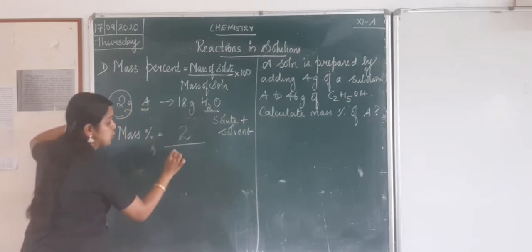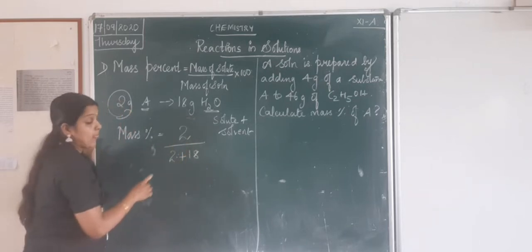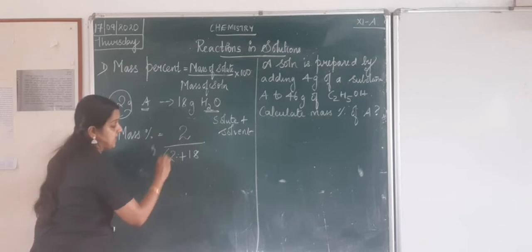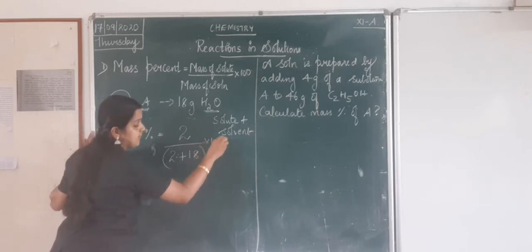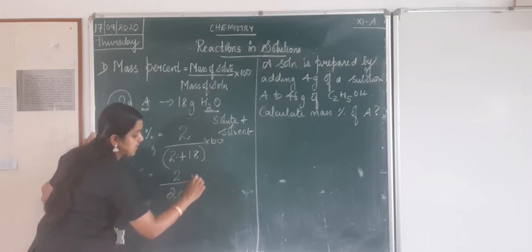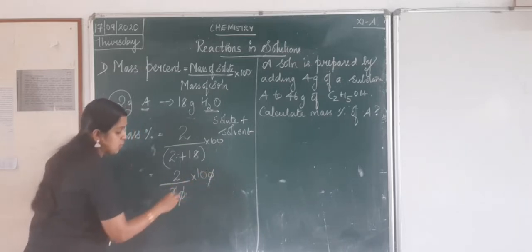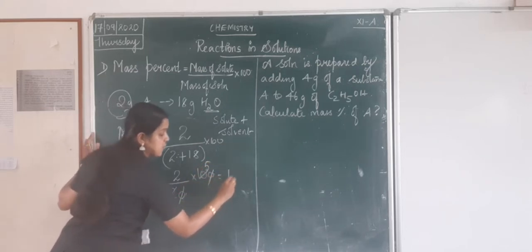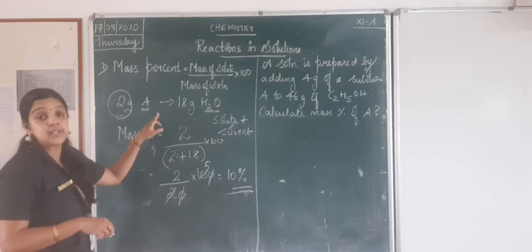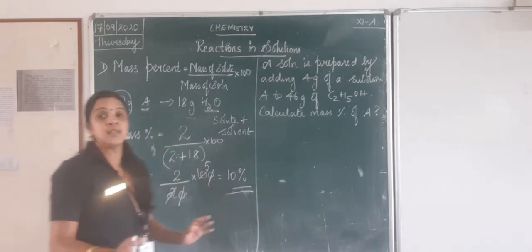So I put 2 grams plus 18. 2 by 2 plus 18, times 100, which is 2 by 20 times 100. The 0s cancel, and 2 fives are 10, which is 10%. So the mass percent of solute A is 10%. That's all you need to do.